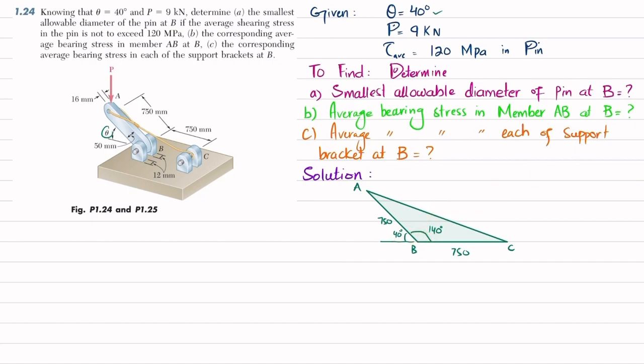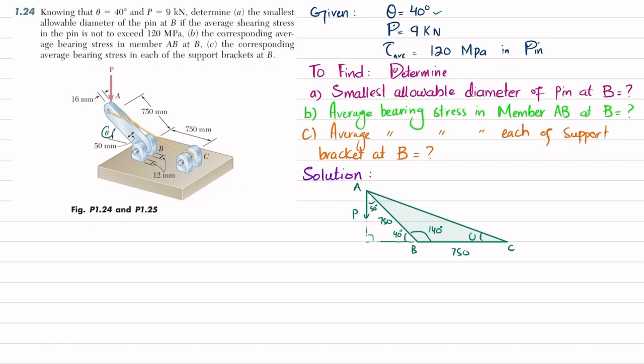Now again you can see there is a point load P. This load is a vertical load. You can see this is 40 degrees, so if I extend it, this is 90, so this angle will be equal to 50 degrees.